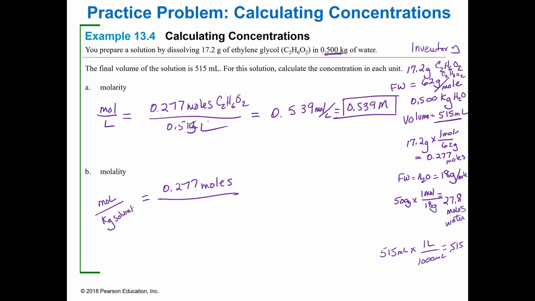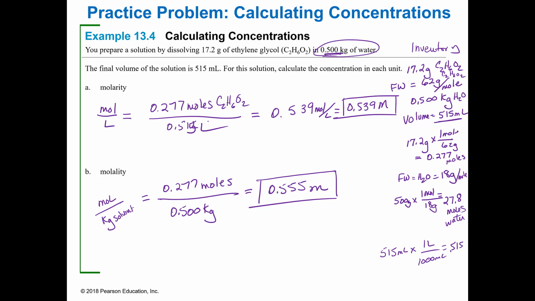It told me that it had 0.5 kilograms of water, so divided by 0.5 kilograms of your solvent. That's going to give me 0.555 molal. So I'm using different parts of this, but all I'm doing is looking and seeing what that unit needs to be, and then I'm going over here, finding that information, and plugging it in.